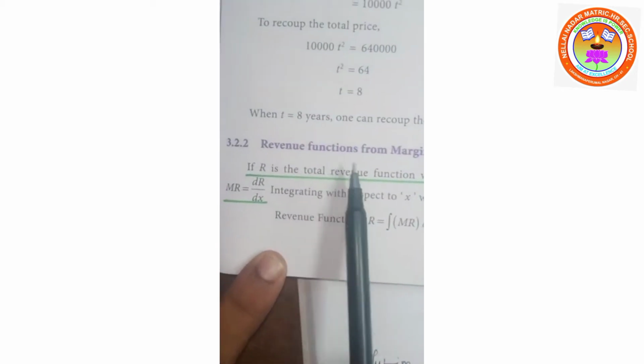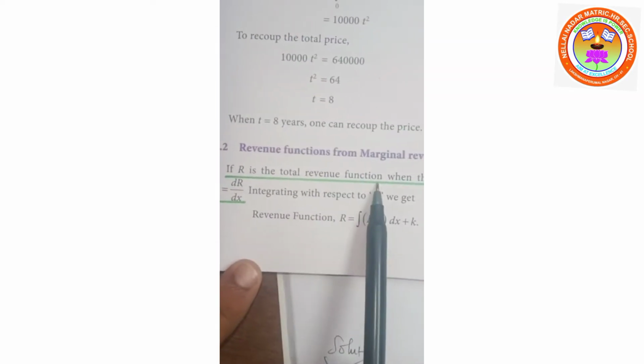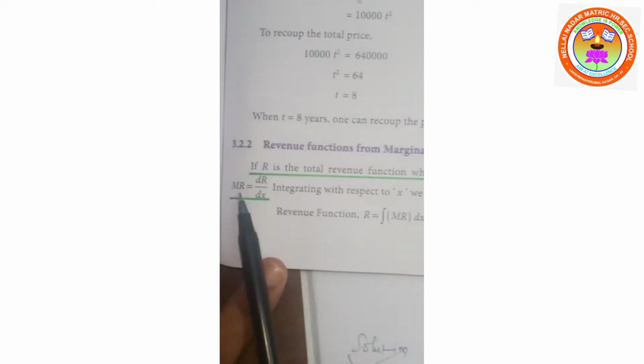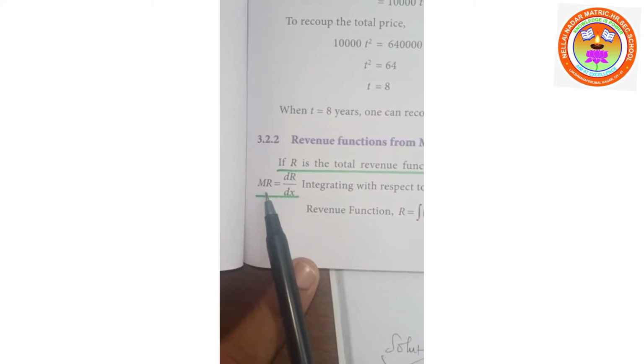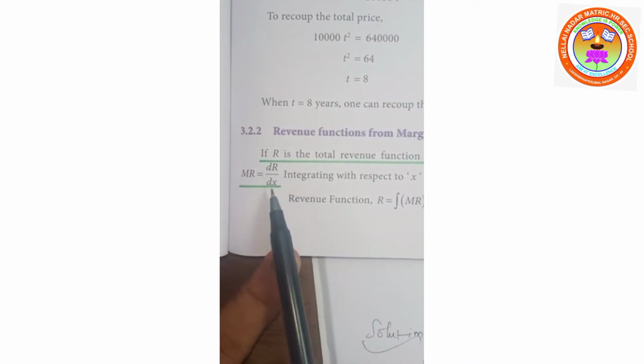Next one, a revenue function from marginal revenue function. If R is the total revenue function when the output is X, then marginal revenue MR equals dR by dx.